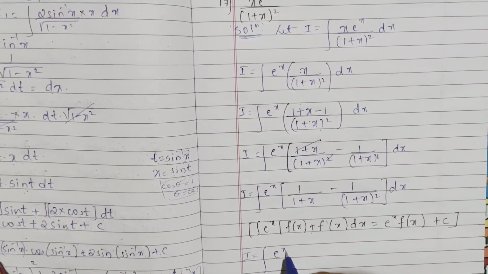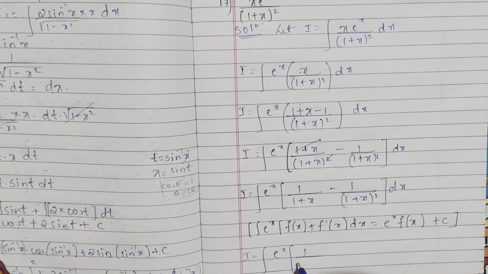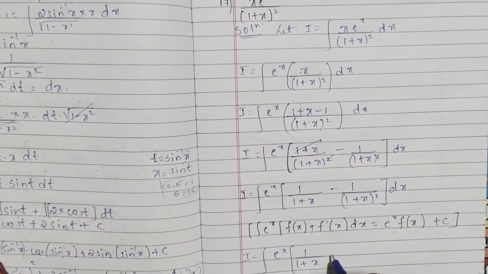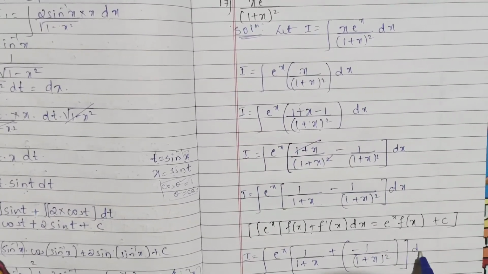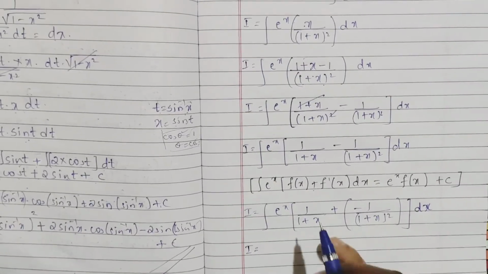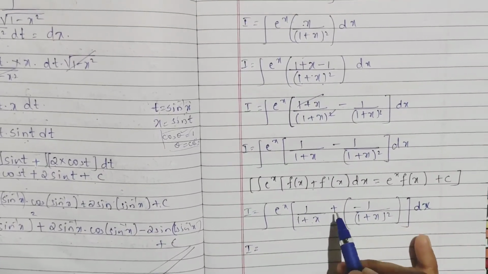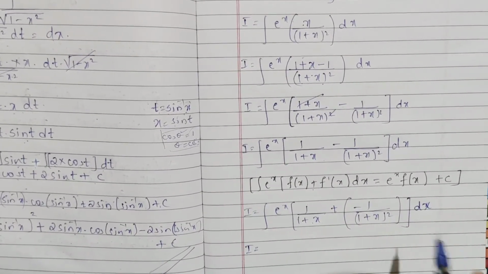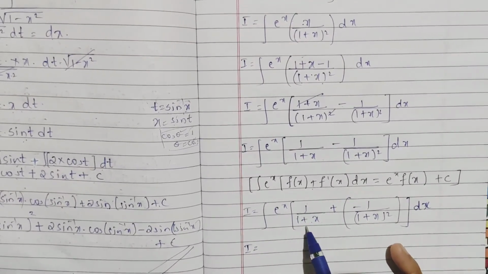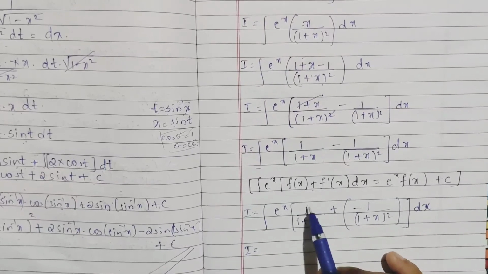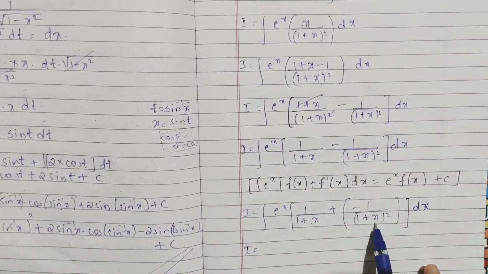e to the power x, 1 by 1 plus x plus of, I can write it as minus 1 by 1 plus x the whole square, then dx. So this is how we can write 1 by 1 plus x plus of minus 1 by 1 plus x square, right? Technically you can see, f of x is what? 1 by 1 plus x. So its differentiation is minus 1 by 1 plus x square, right?